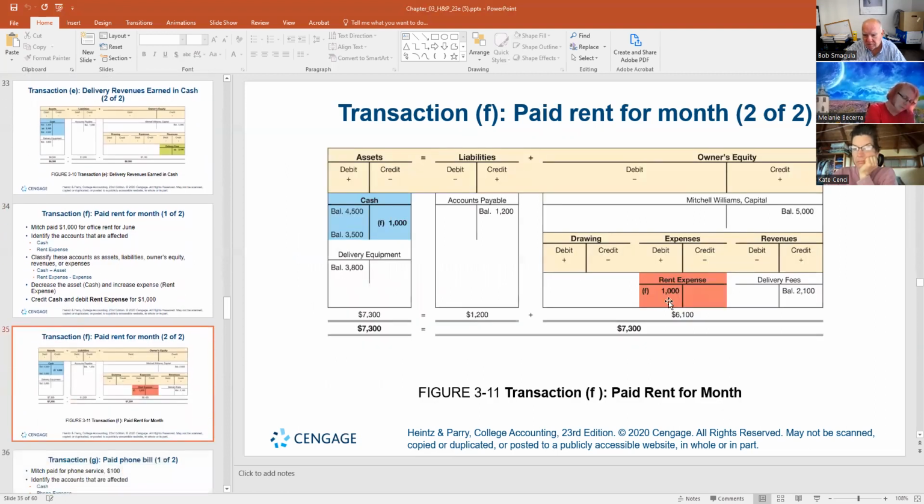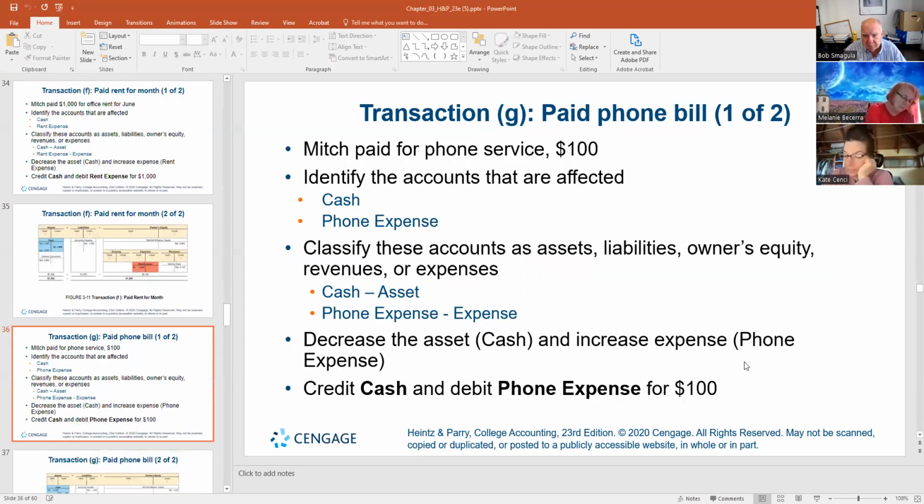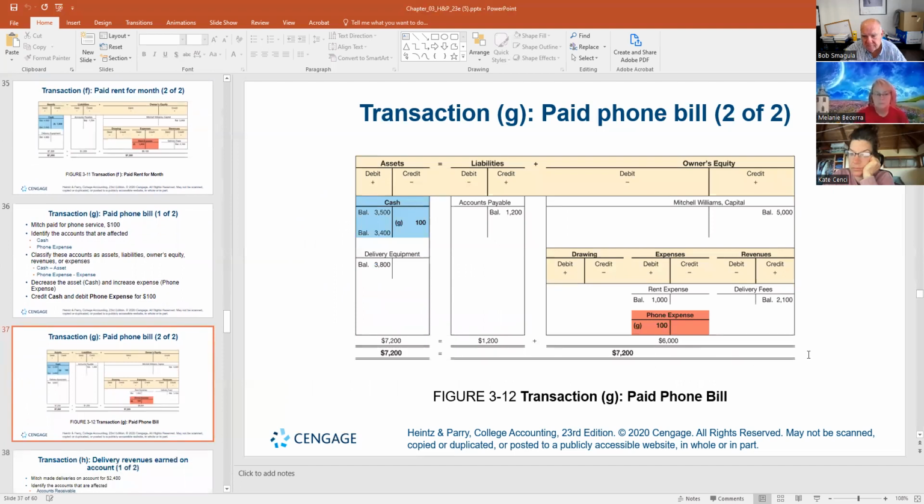And now we got our first expense in there. Oh, another expense. Paid for it again in cash. We're going to debit the expense, phone expense, for $100 and credit cash. Okay.